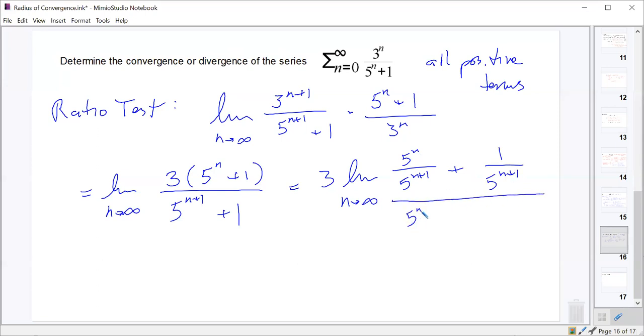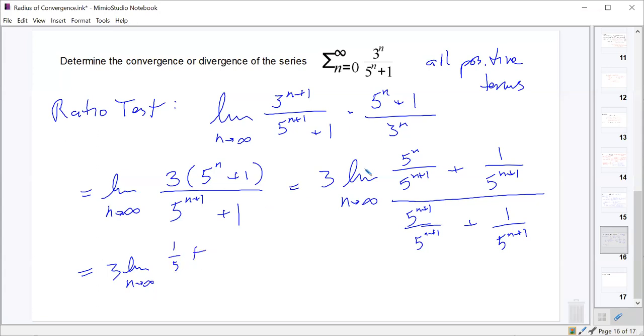And then we'll have 5 to the n plus 1 over 5 to the n plus 1 over 5 to the n plus 1. And then what's 5 to the n over 5 to the n plus 1? Should be 5 to the negative 1. So that'd be a fifth.